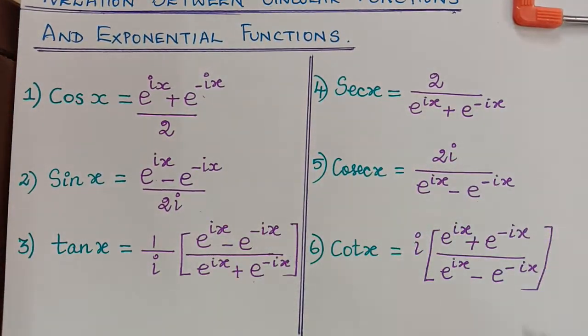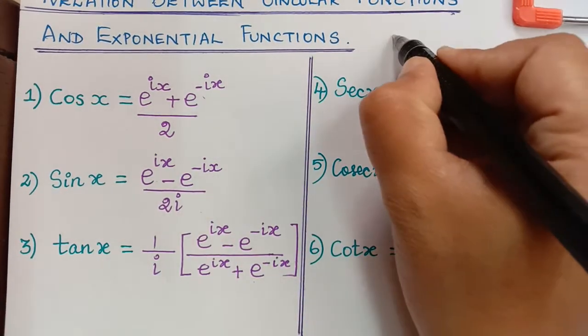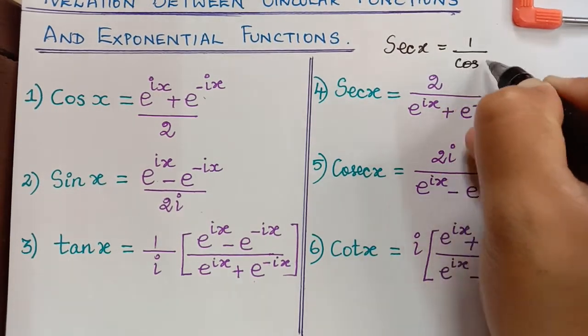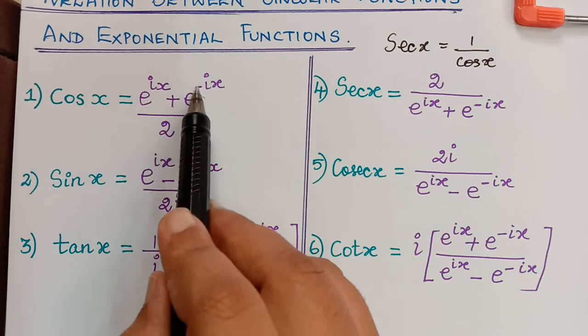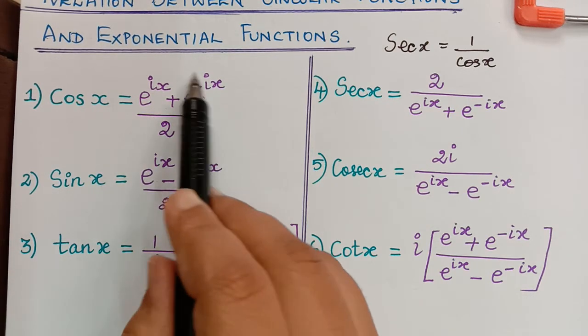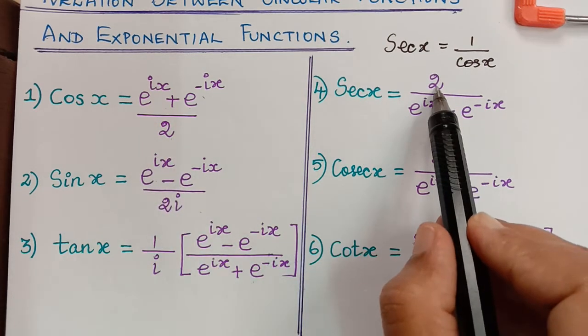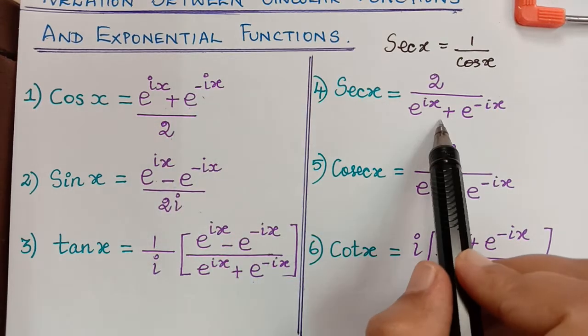Now we know that secant x is the reciprocal of cos x. So what is secant x actually? It is equal to 1 by cos x. Cos x is e power ix plus e power negative ix divided by 2. What is the reciprocal of this? The 2 in the denominator will go to the numerator, and the term in the numerator will go to the denominator.